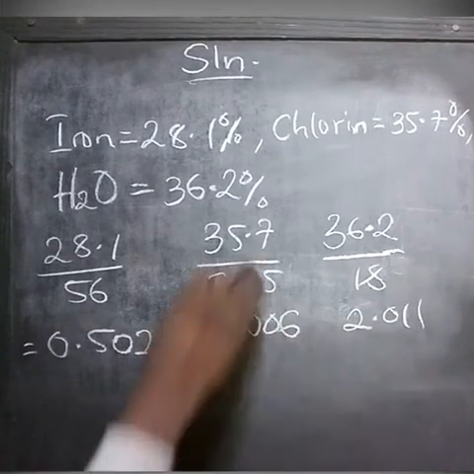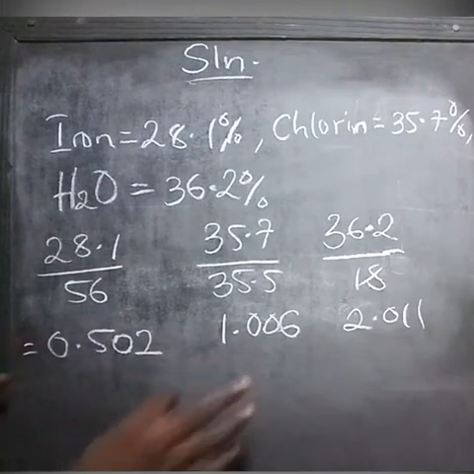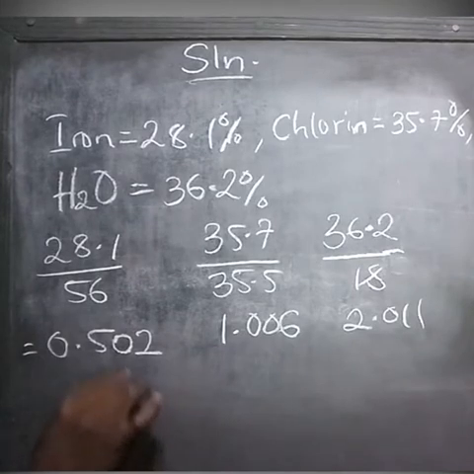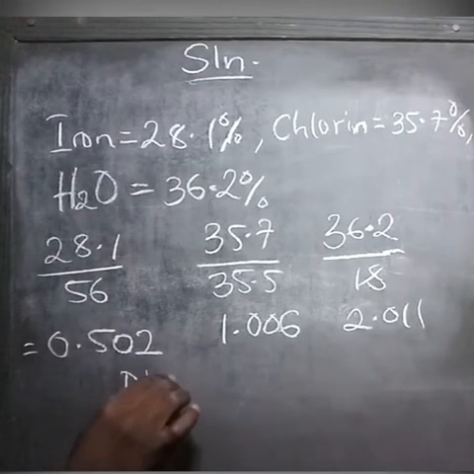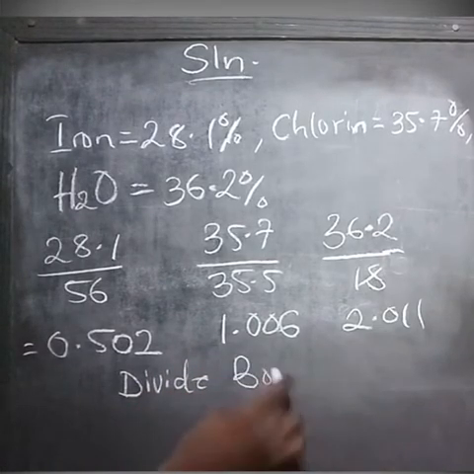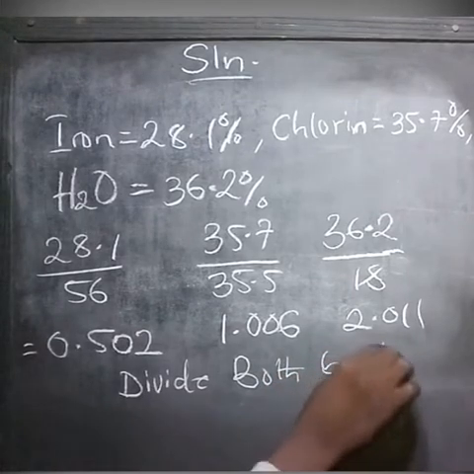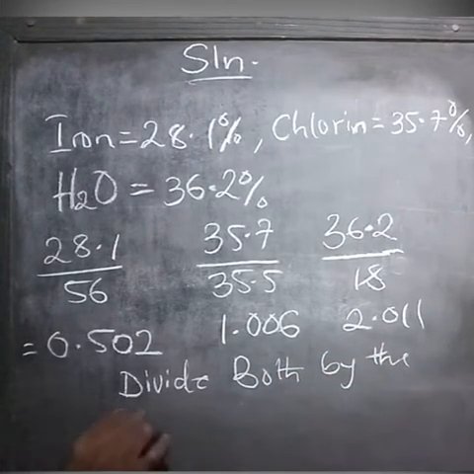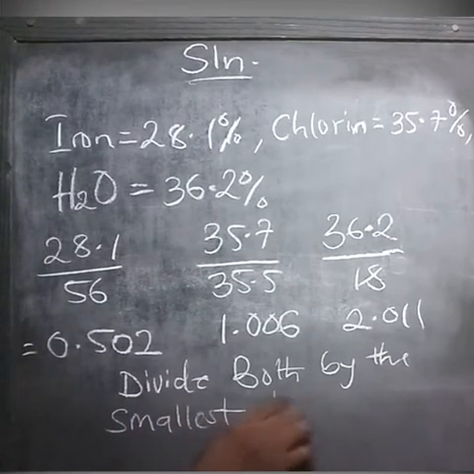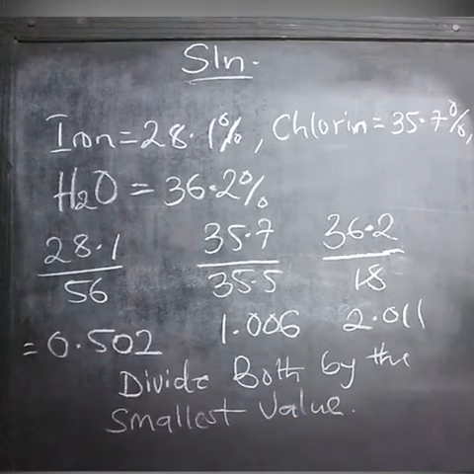So this is what you have if you press your calculator. The next step is to divide by the smallest value. So this is the second step.